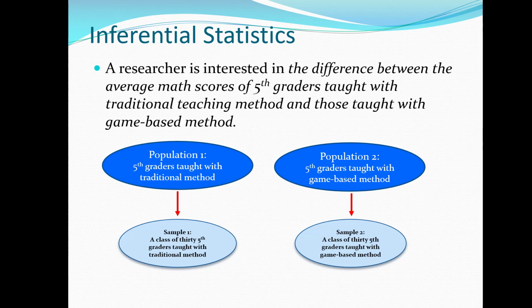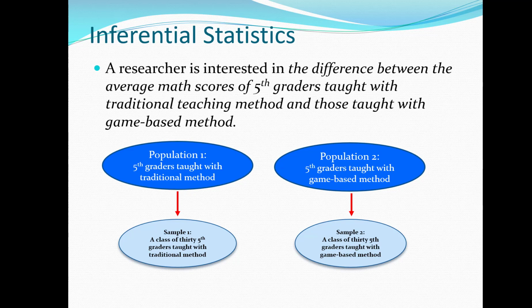It will be easy to give a math test to these 35 fifth graders in sample 1 and also give the same test to these 35 fifth graders in sample 2 and collect the math test scores from sample 1 and sample 2 and then calculate the average math score for sample 1 and calculate the average math score for sample 2.